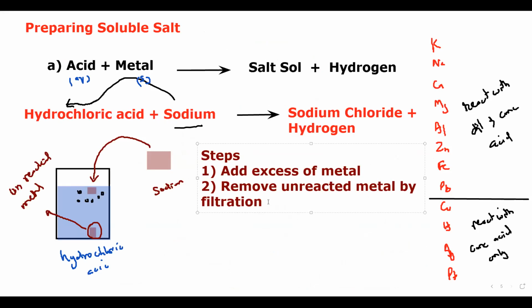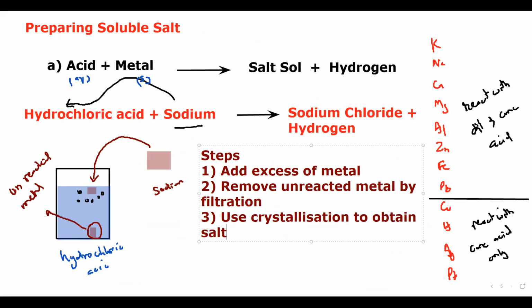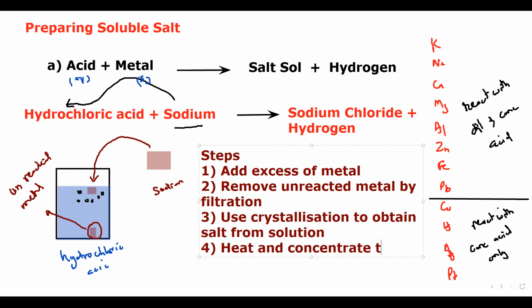So remove unreacted metal by filtration, then use crystallization to obtain salt from solution. And better mention the points of the crystallization. What are the points in crystallization? We will heat and concentrate the solution.